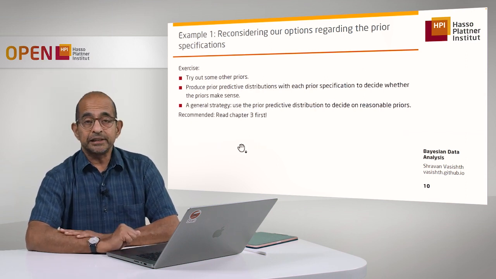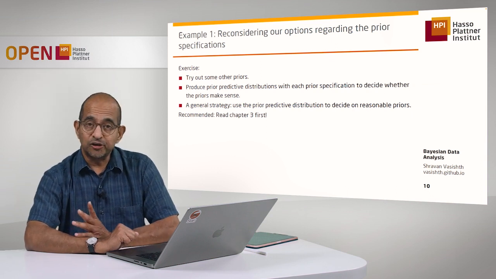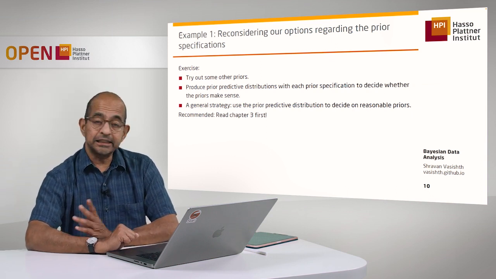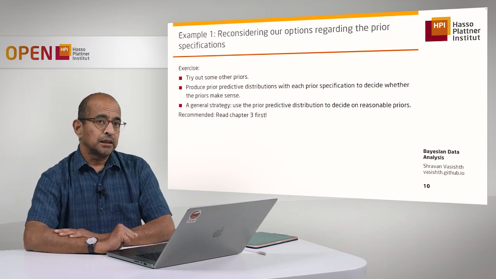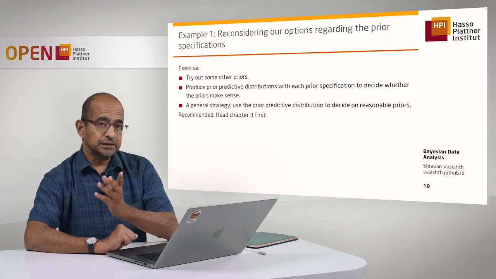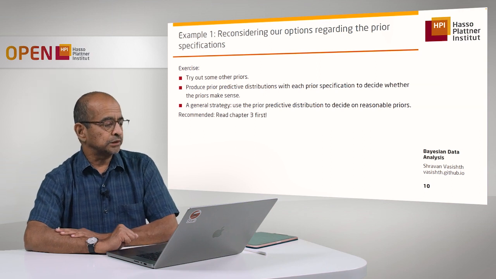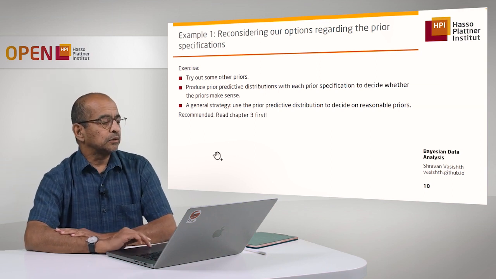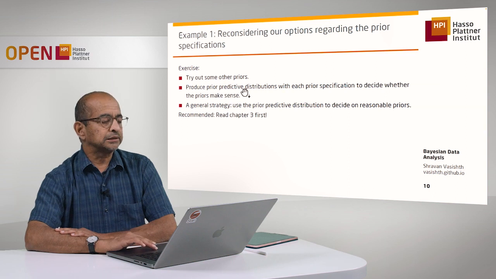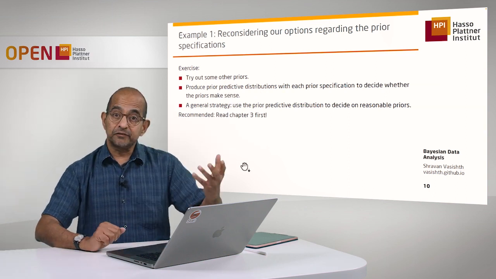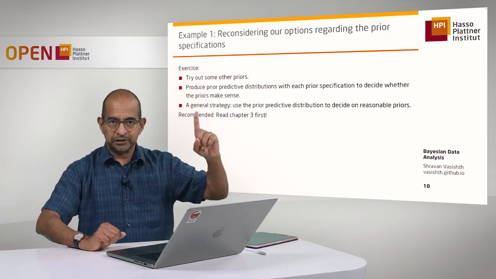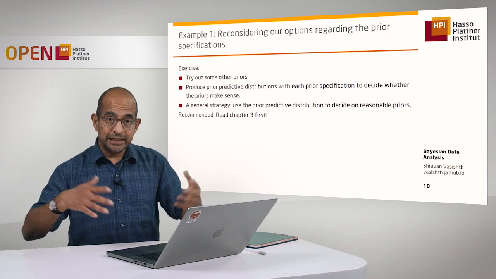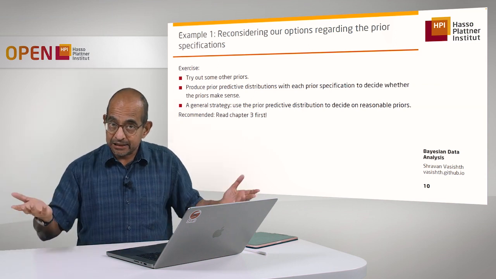All right, so one thing you can do now is to fool around with this model a little bit, change the priors, try some other priors, right? If you look up the Stan manual, you will see lots of possibilities that you can choose. We provide the code in the textbook, so you can look at that later. You can produce prior predictive distributions with each prior specification. I showed you one example of a prior predictive distribution, but you can generate one with any set of priors.